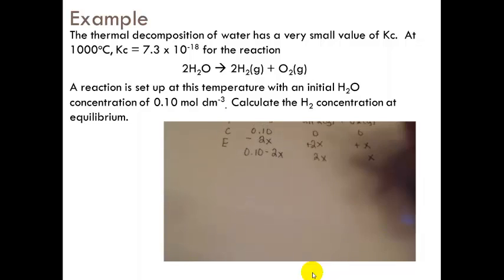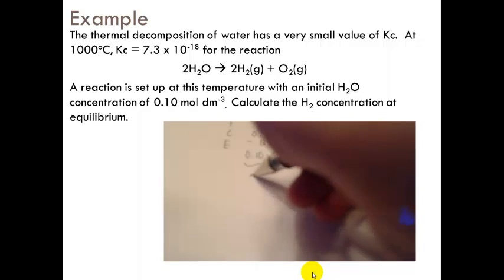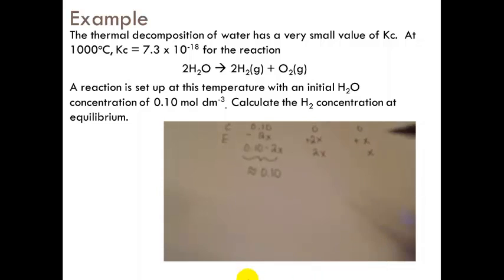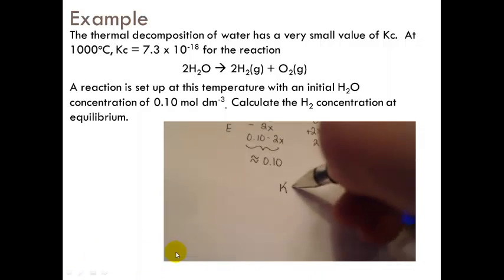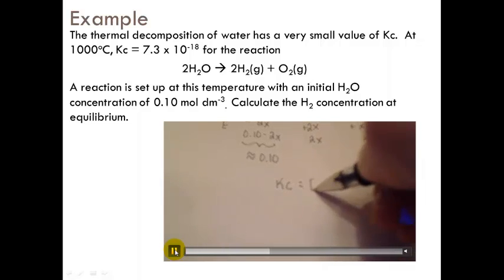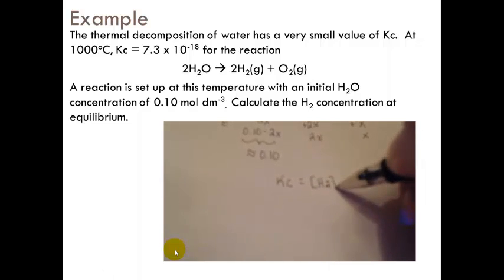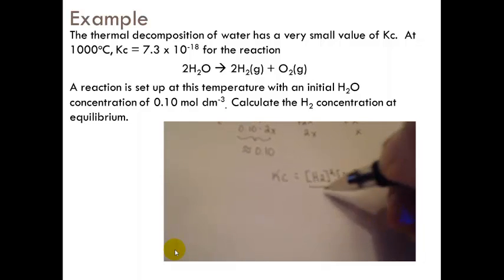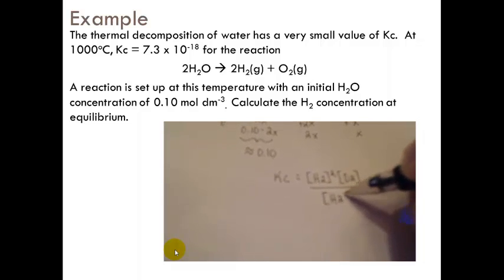Now because Kc is very, very small, that means that not very many products are formed. So what you're going to do is pretend that this change is so small that it doesn't matter. So instead of using 0.1 minus 2x, you're just going to say it's 0.1 because the change is so small that it's negligible. So we write our Kc expression, H2 squared times O2, all over H2O squared.